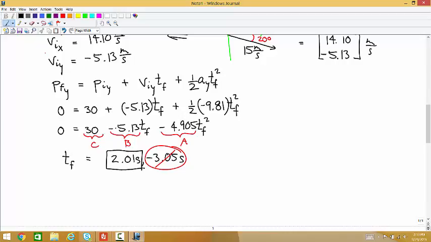So what you do is you have a number multiplied by the variable squared, and that's what you call A. So for us, that's negative 4.905.